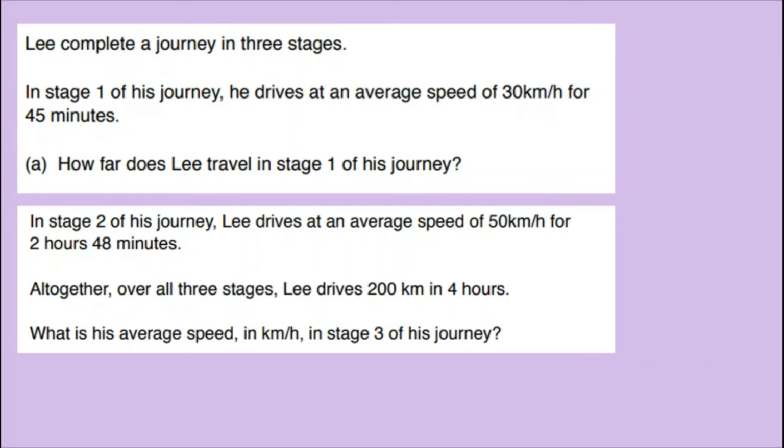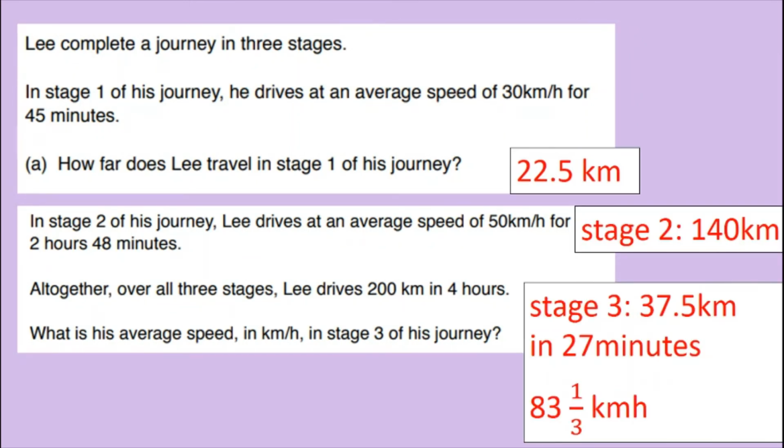Okay, first part is 22.5 kilometers. Pause it again if you want to wait before you get the next answer. Okay, the final part of this: stage 2 was 140 kilometers. You can use the information shown there to work that out.